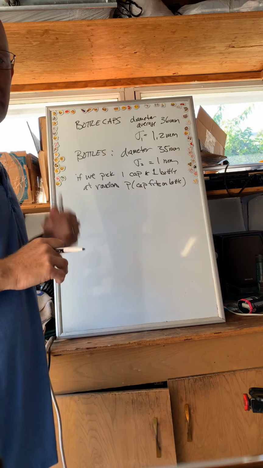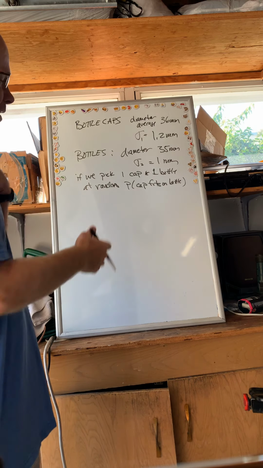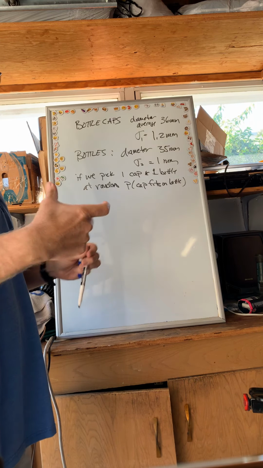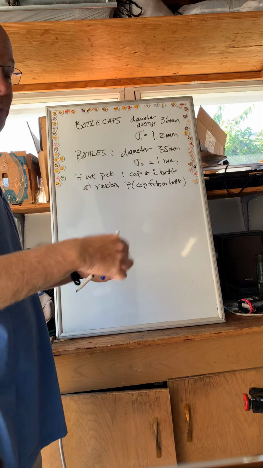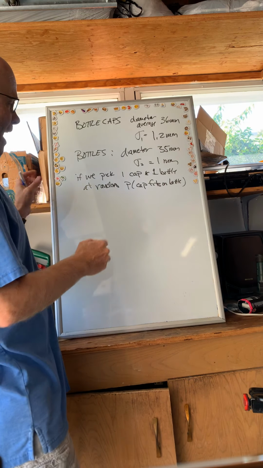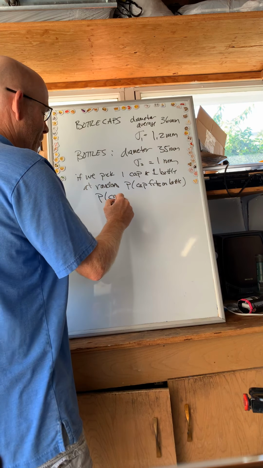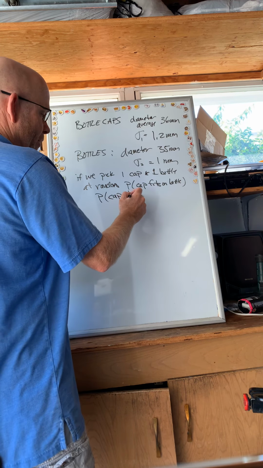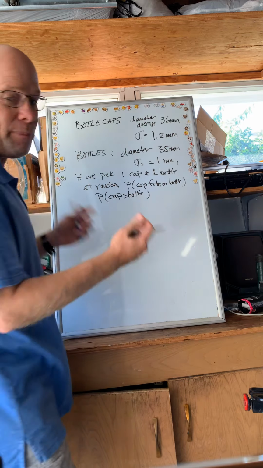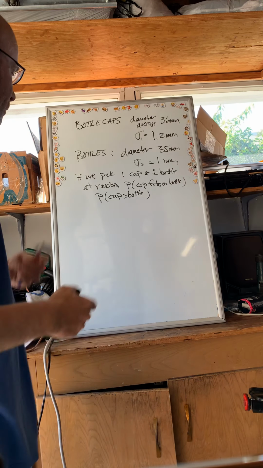So we're going to oversimplify this a little bit, because clearly if the cap is way too big for the bottle, it's not going to help our company. But we're just going to say, what's the probability that the cap is greater than the bottle, because if the cap is greater than the bottle, the cap's going to fit on the bottle.